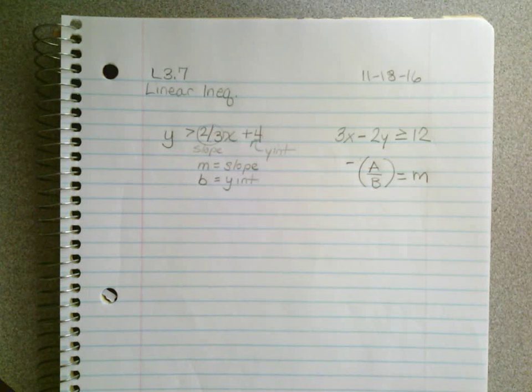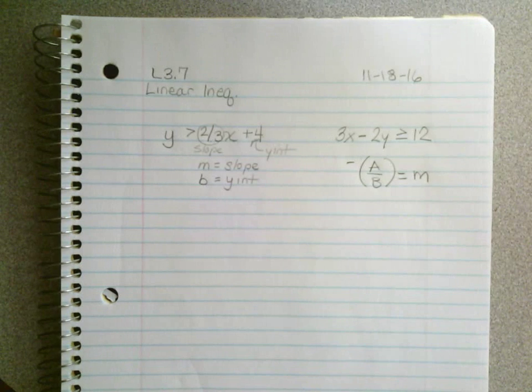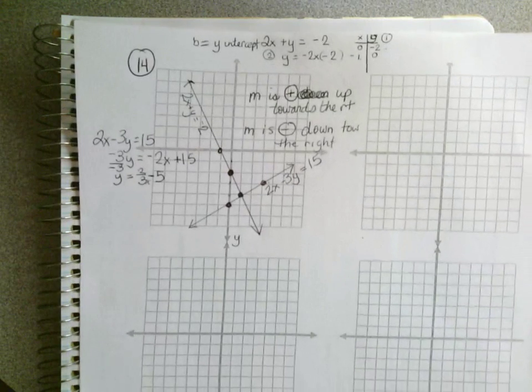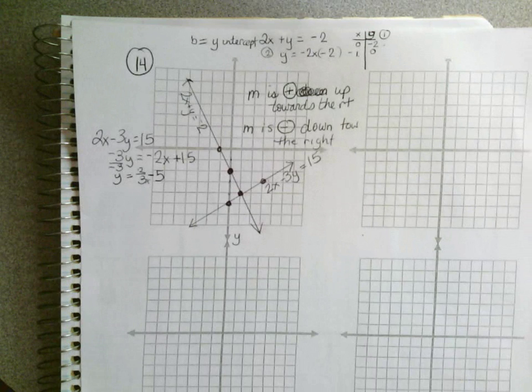Most of what we're doing today is identical to what you've done already with respect to slope and solving these linear equations. But now they're not equations anymore. They are inequalities. I want to bring your mind back to something I remember Ben asked about. This was a graph from maybe lesson 3.5.